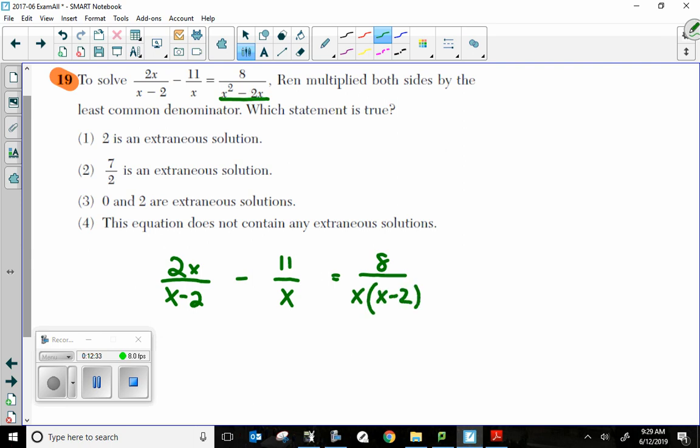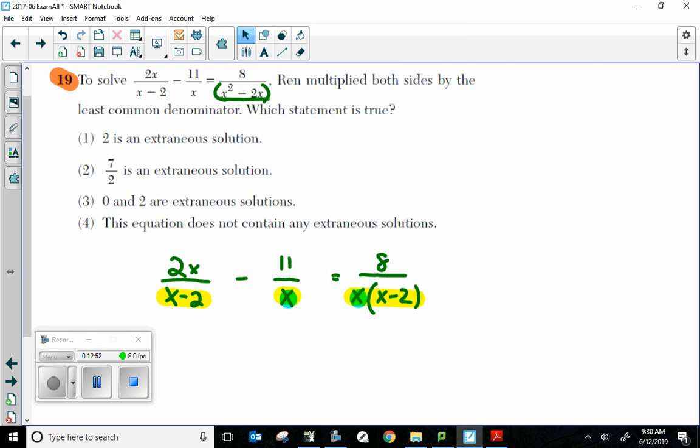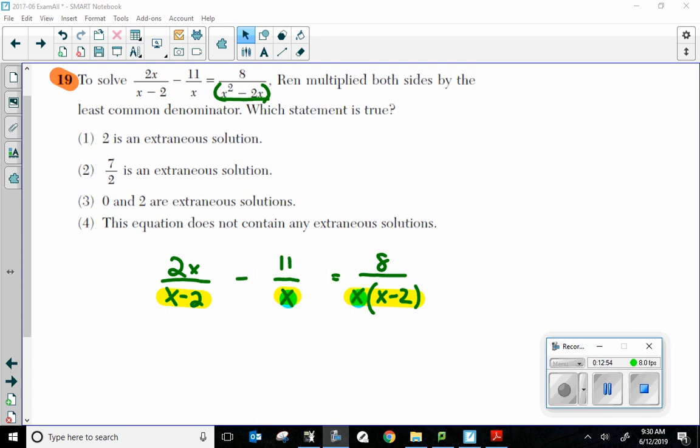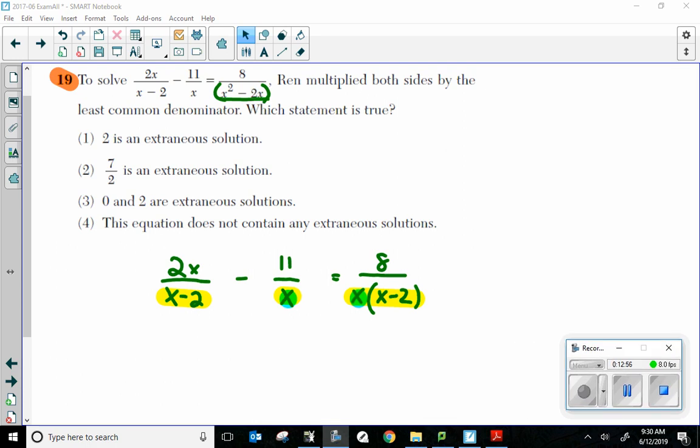I just factored this. Now, if I look at all these denominators, I notice everything in the bottom is either an x or an x minus 2. So why don't I make sure that every fraction has a denominator that has both an x and an x minus 2?